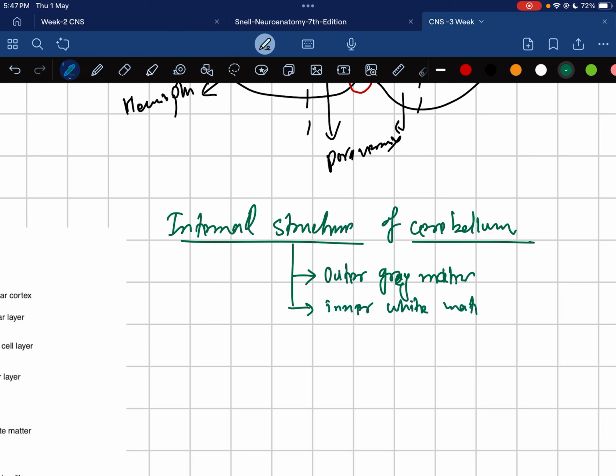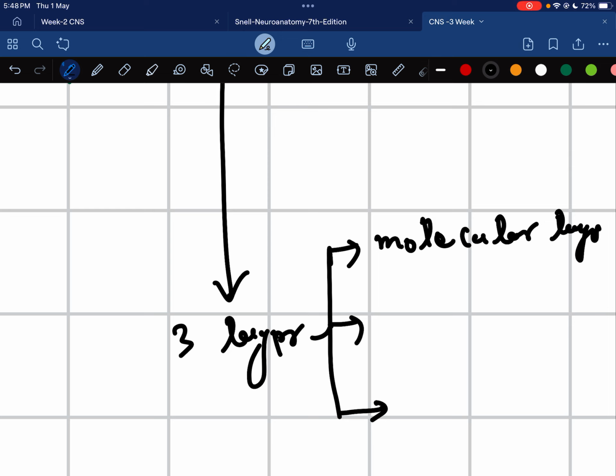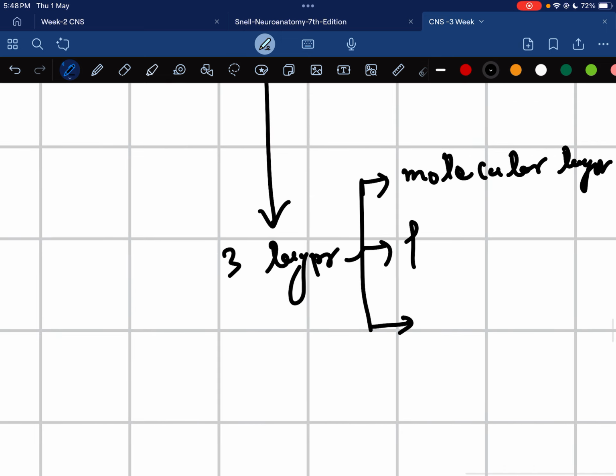These are the molecular layer, then the Purkinje cell layer, and the last one is the granular layer.